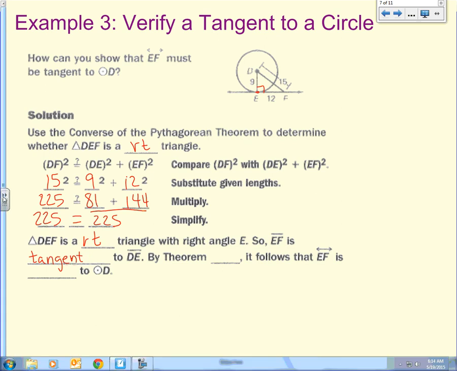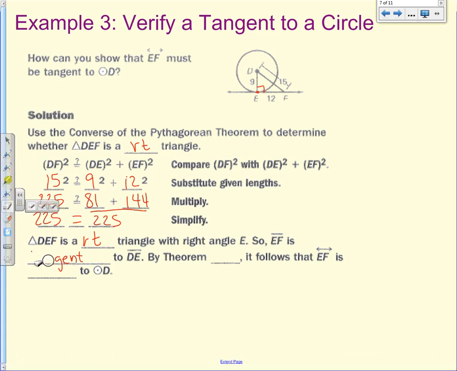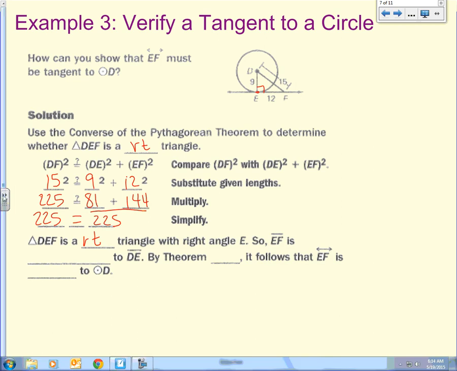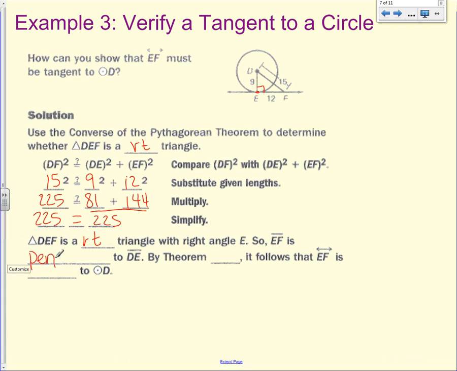Oops, I'm sorry, that's not the word they're looking for us to fill in there. I'm getting ahead of myself. EF is perpendicular to DE. So, by theorem 11.2, it follows that EF is tangent to the circle D.